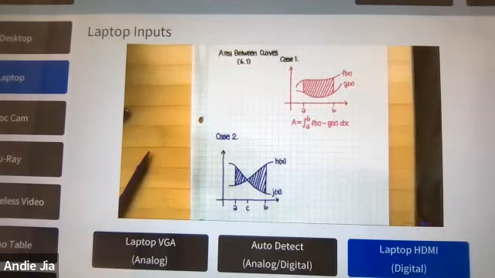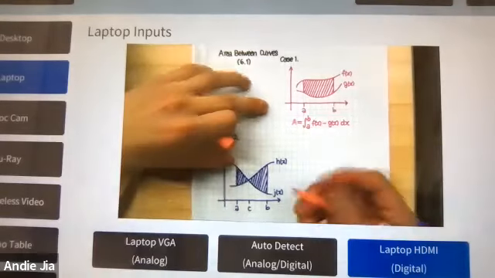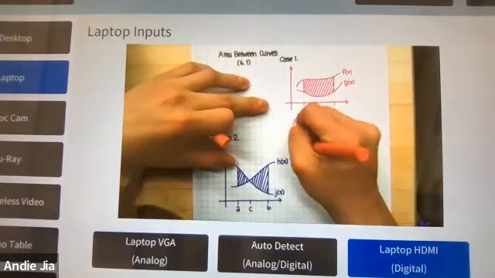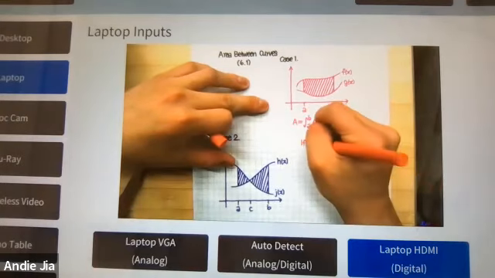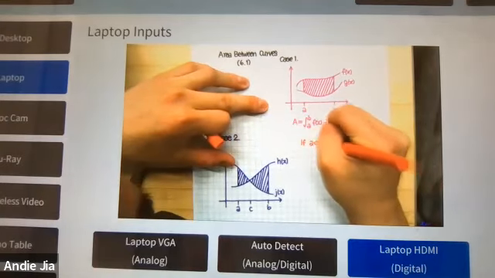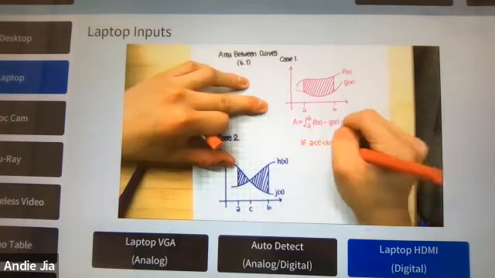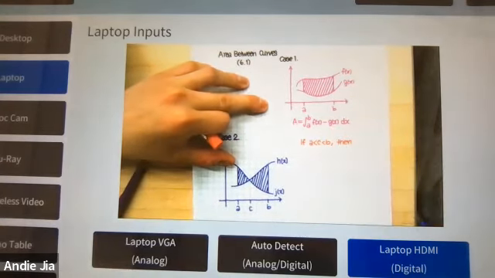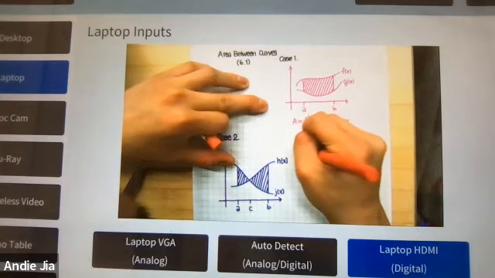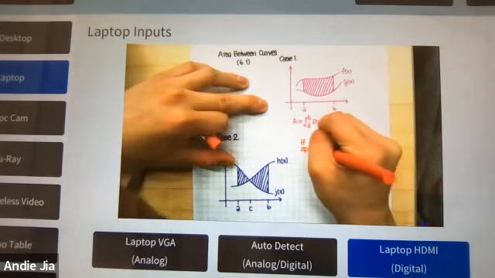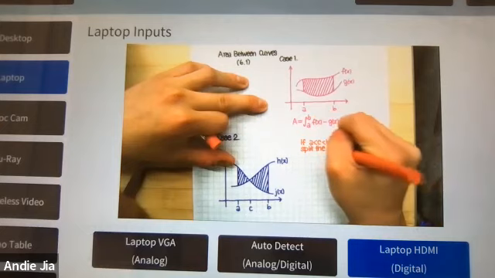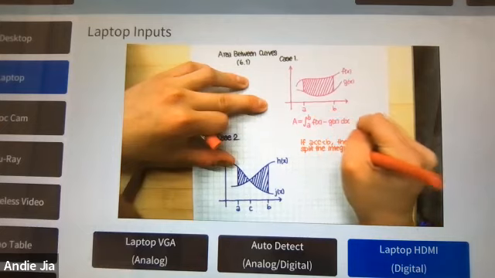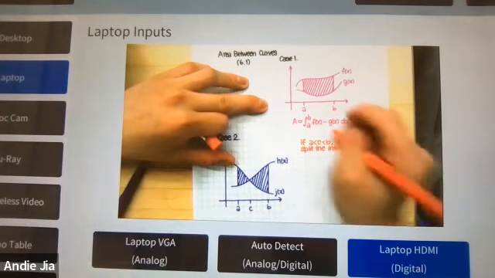If c is between a and b, that is, a is smaller than c, smaller than b, let's split up the integral. Top minus bottom.